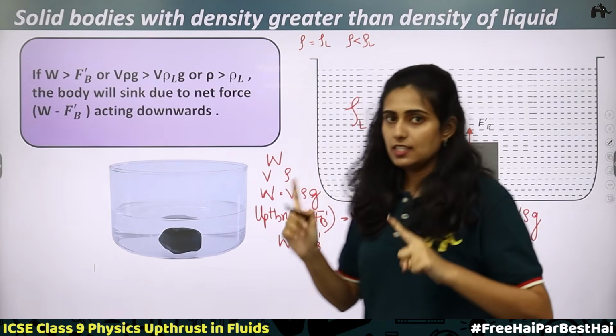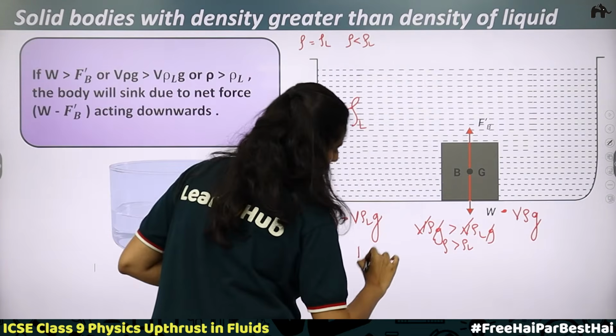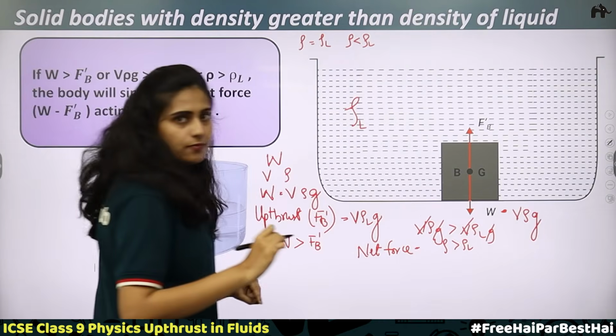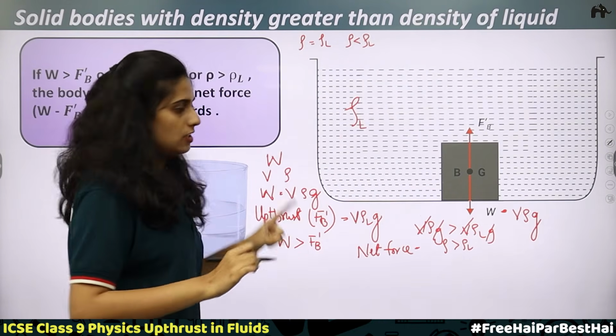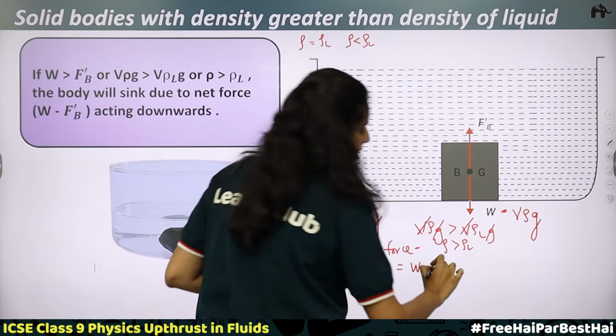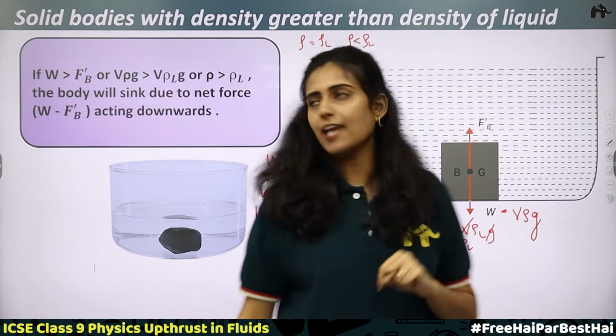Now in this case, you will have a net force. What is the net force? Which one is greater here? The weight is greater. Net force will be equal to weight minus buoyant force, W minus FB dash.